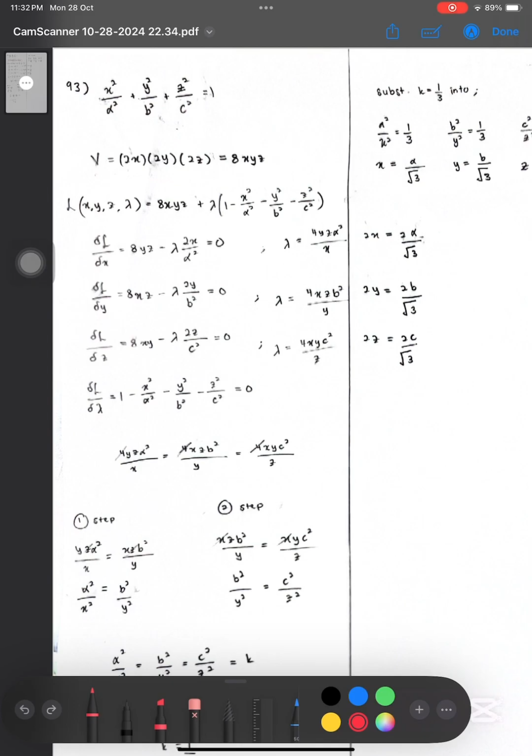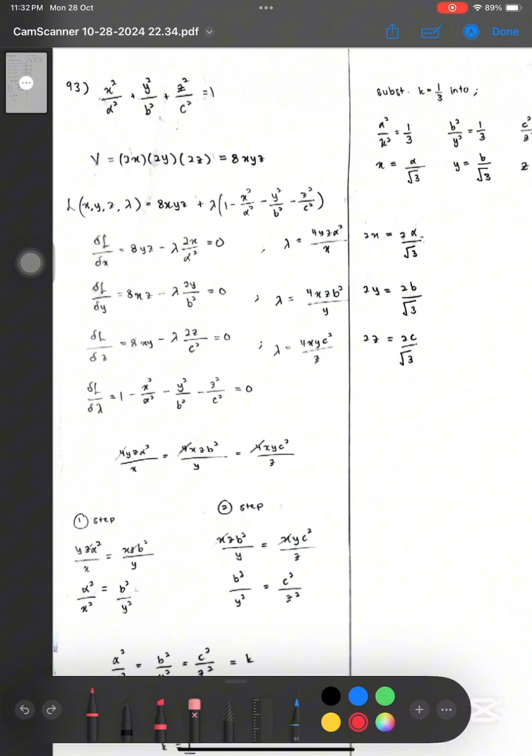Next, we use the Lagrange multiplier method, and we get L(x,y,z,lambda) equal to 8xyz plus lambda times 1 minus x squared over a squared minus y squared over b squared minus z squared over c squared. Introducing lambda, we need to find the partial derivatives and set them to 0.